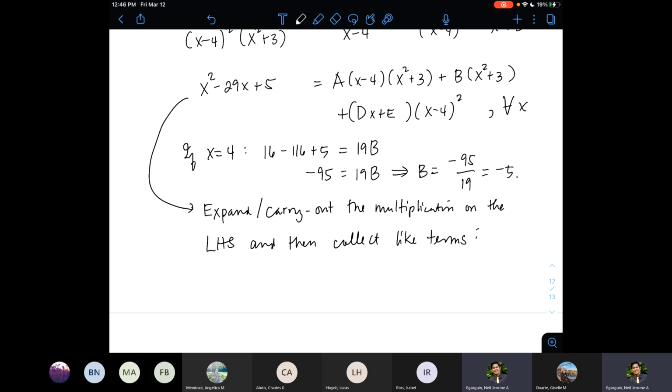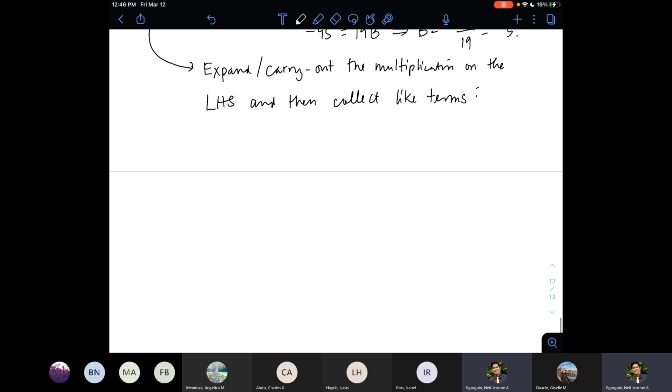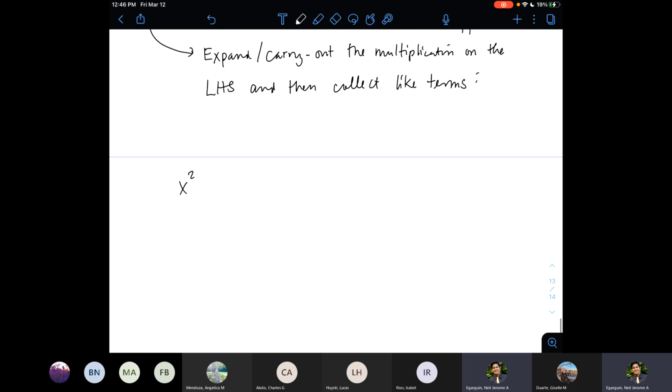When I say like terms, these are the terms with the same power of x beside them, okay? And if you do that, you'll get this. You'll get x squared minus 29x plus 5 equals, hold on, I did it earlier because I expected the solution to be long.